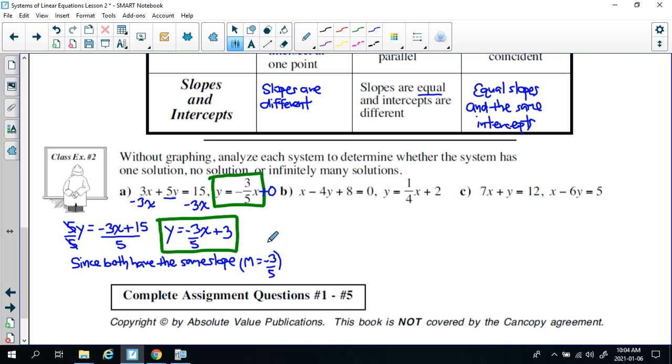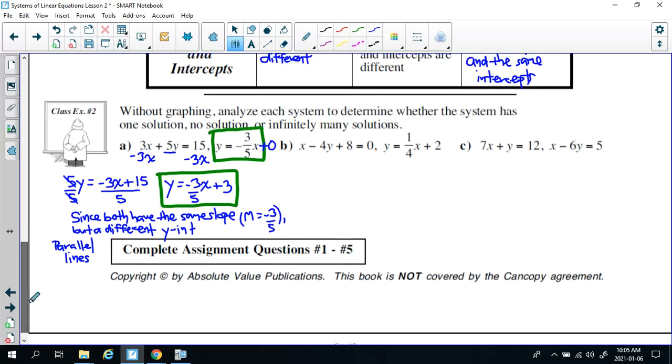So since they have the same slope but a different y-intercept, we have parallel lines. And if we have parallel lines, we have no intersection point, and therefore we would have no solution.